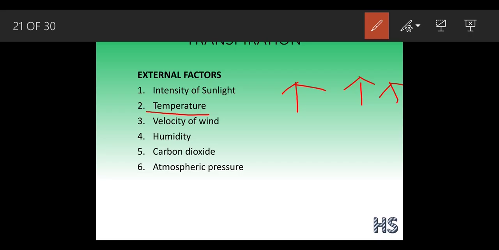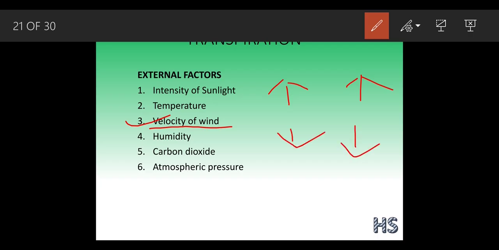Now velocity of wind. If the velocity of the wind increases, the transpiration will also increase. If the velocity of wind decreases, the transpiration will also decrease. If the wind blows strongly, there will be a loss of water vapor, and the air will not get saturated.